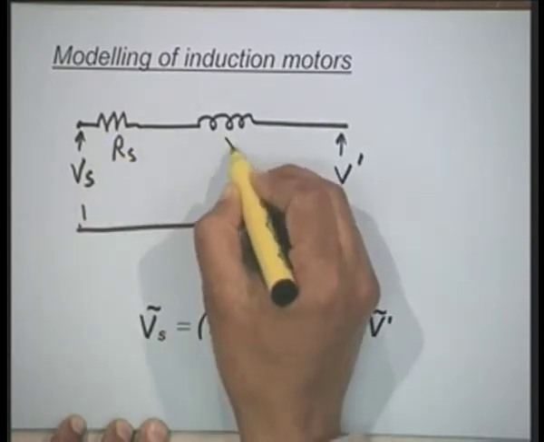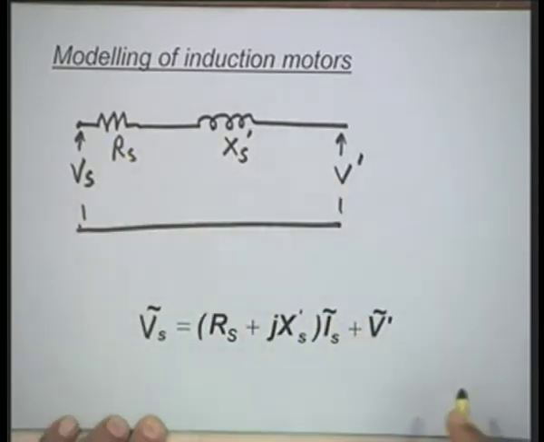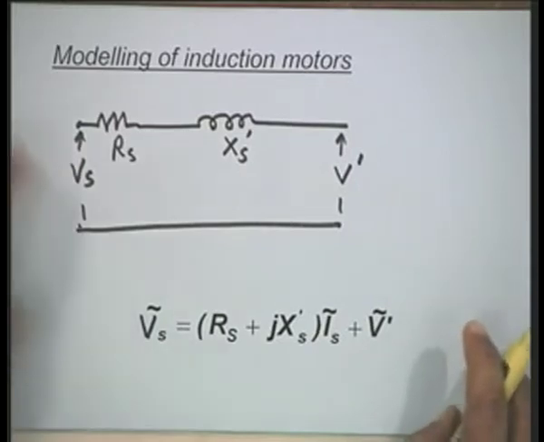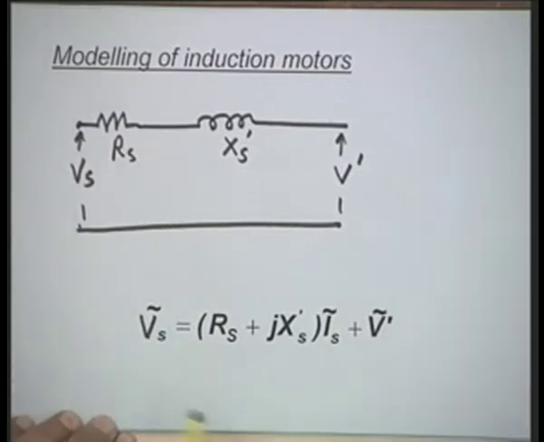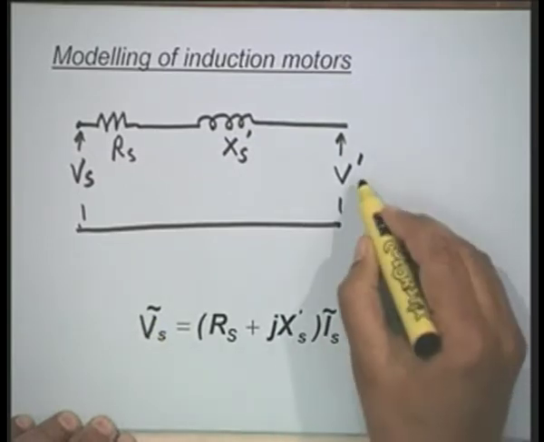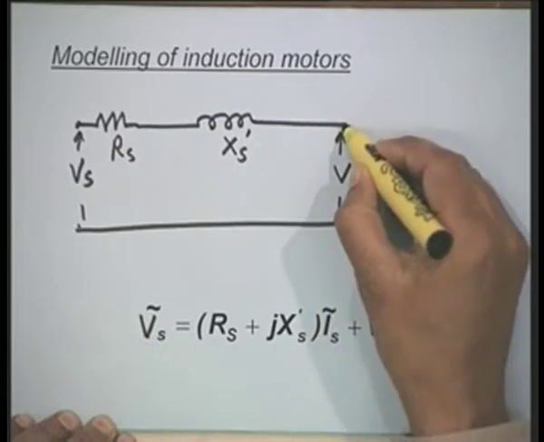This is a simple model which one can arrive at for the stator equations, because in the stator equations we have not considered the transformer voltages. Therefore, this is an algebraic equation. We can represent this voltage Vs bar as Rs plus j Xs' times Is plus V prime. This is an important voltage component.